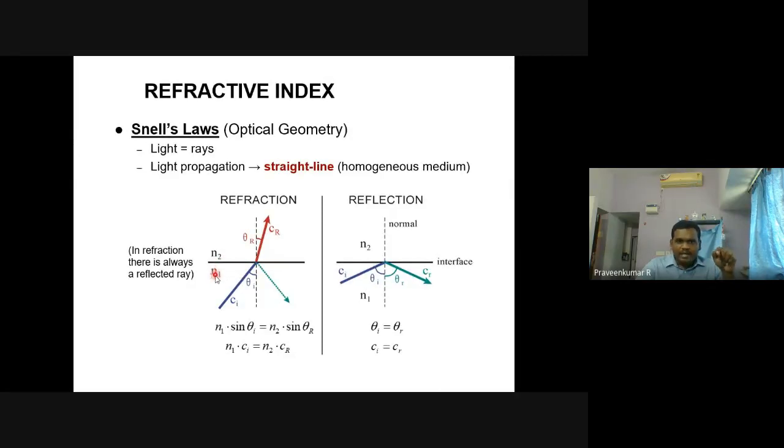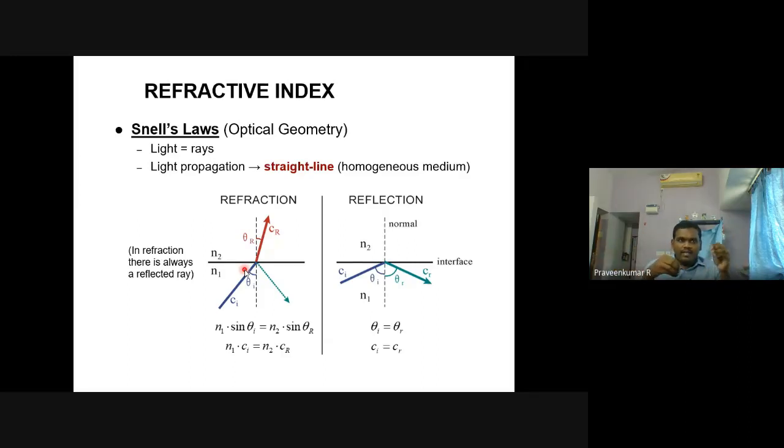N1 denotes the refractive index profile, that is the RI profile of medium 1, and N2 is the RI profile of medium 2. Obviously we have two media when inserting light from the source into the fiber material: medium 1 and medium 2.